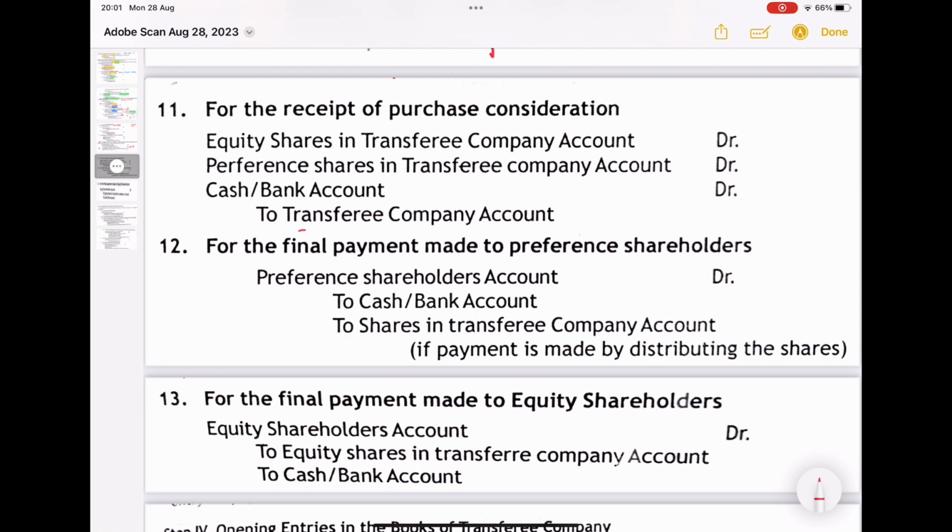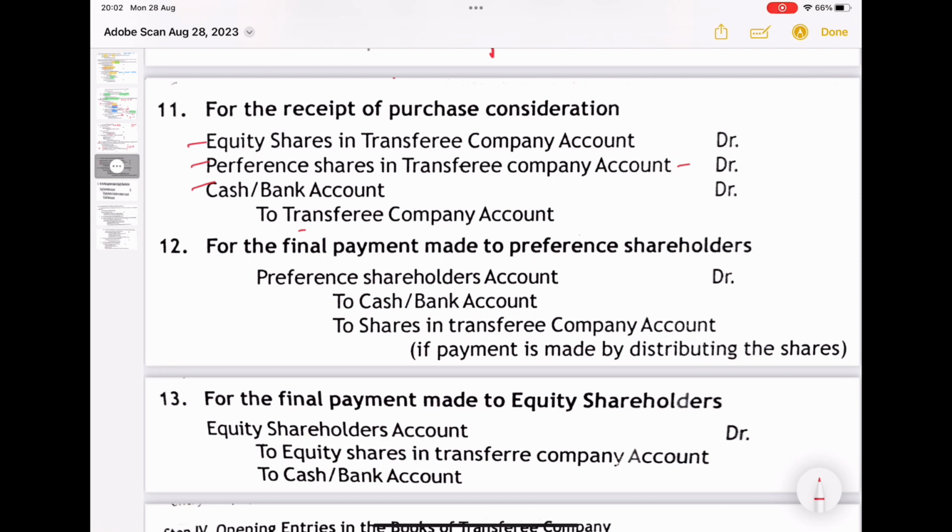For example, purchase consideration paid 50,000 as cash, and the remaining transferred as equity shares and preference shares, then these three things will be entered. If they have given direct cash, we enter only cash account debtor to transferee company's account. If the question has not given preference shares at all, we can entirely ignore the preference share capital account in the books of account. Got it? Any two or all three can be given in the question. It depends upon the question you are solving.